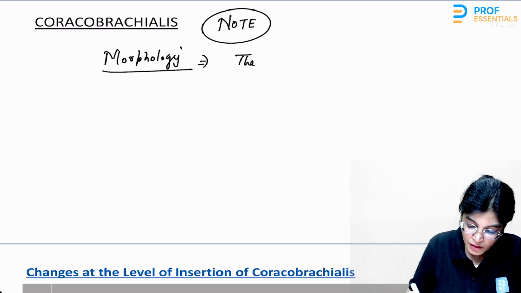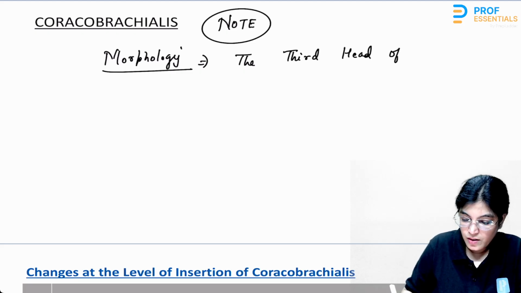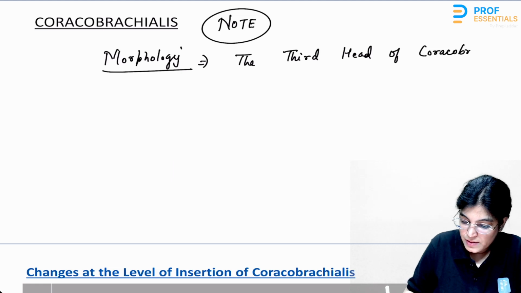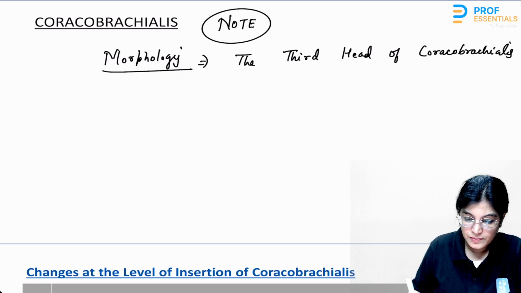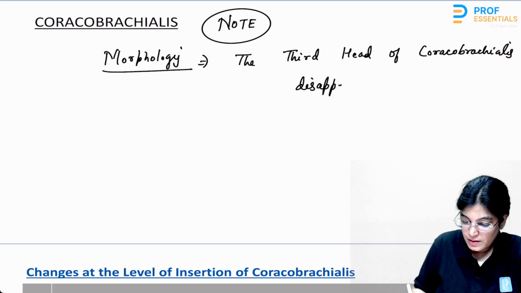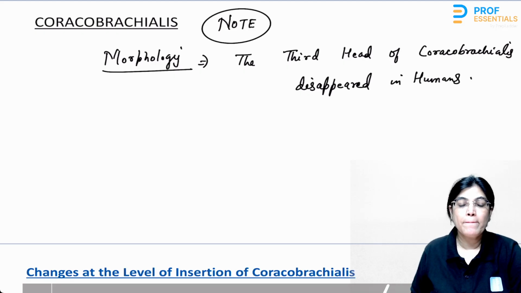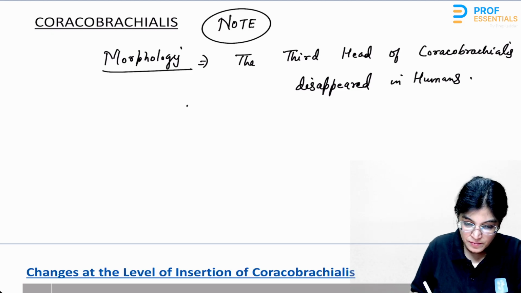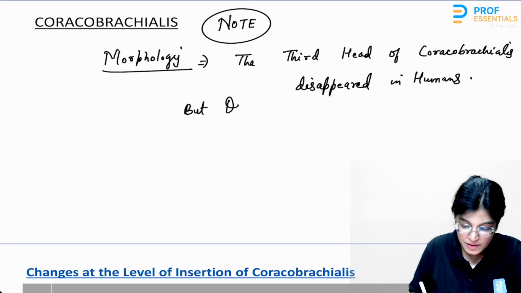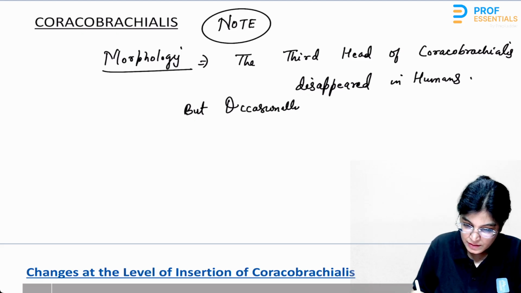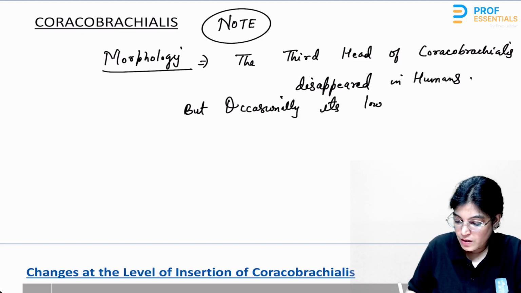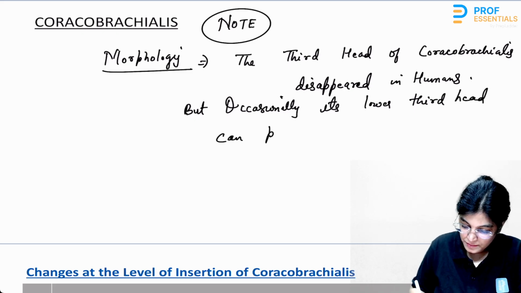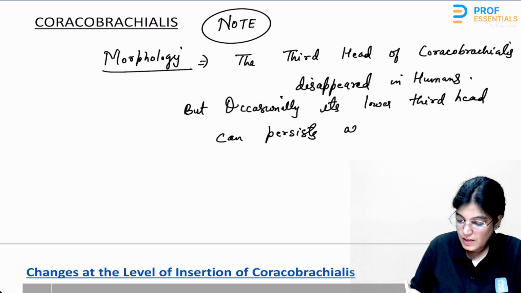So the third head of coracobrachialis muscle disappeared in humans, but occasionally or sometimes its lower third head can persist as ligament.